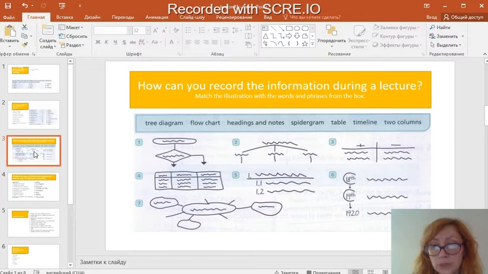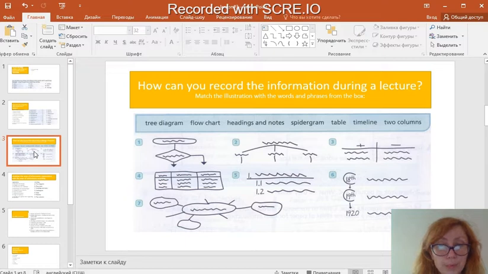Tree diagram. I would use this tree diagram for some family tree. I have recently watched the royal family tree, and that would be number 2. Flow chart. Usually I put cause and reason to the flow chart.